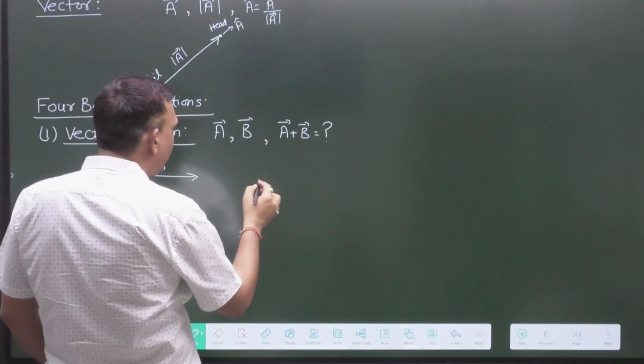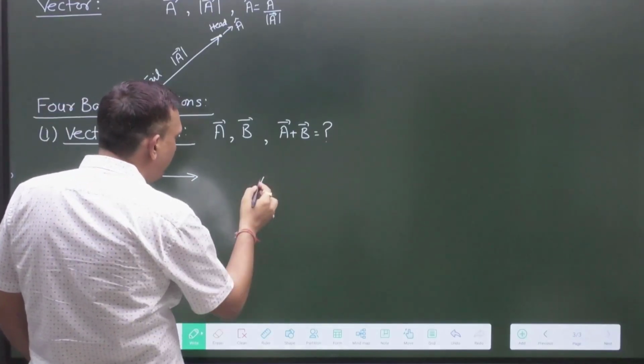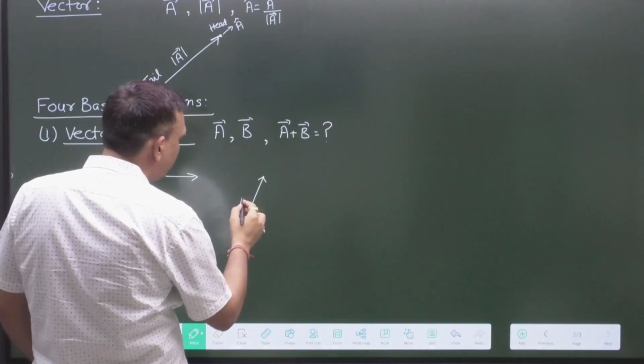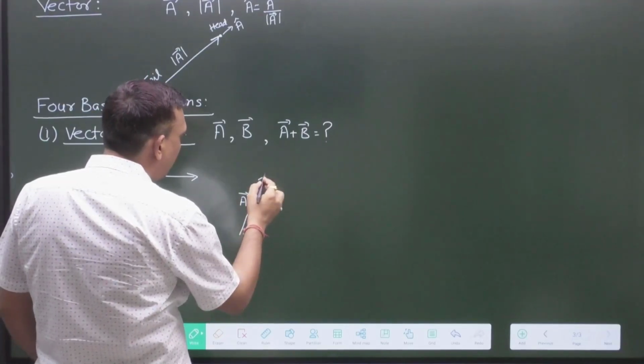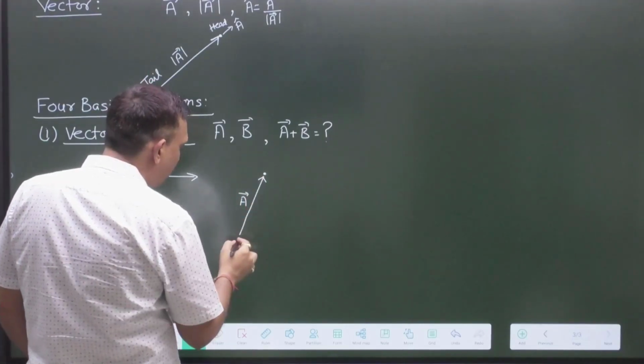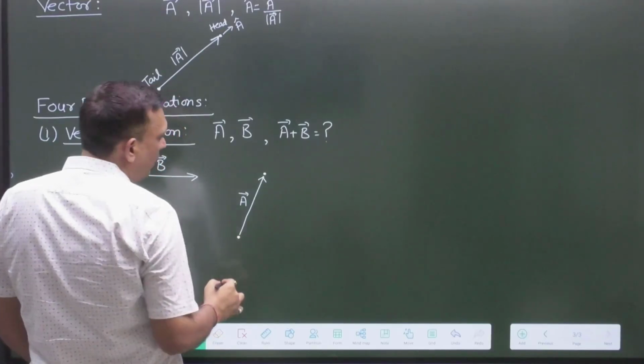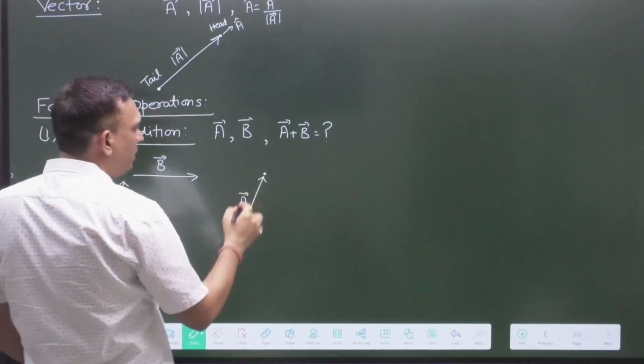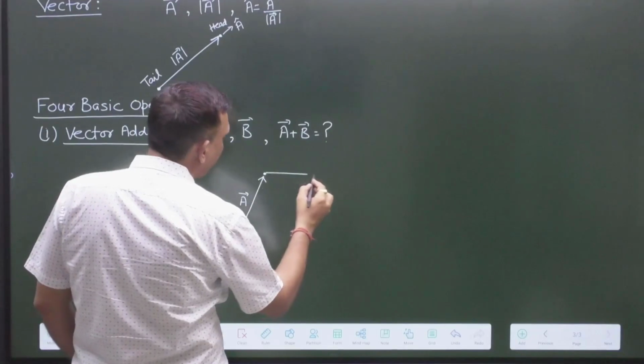So to represent A plus B, we will first show this vector A. This is the head of the vector and this is its tail. Now just place the B vector here.